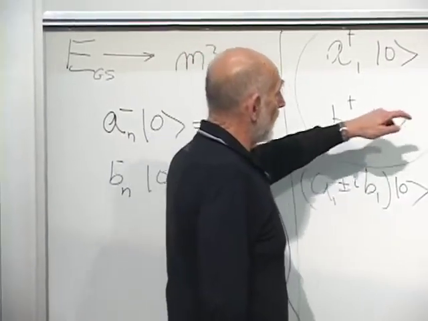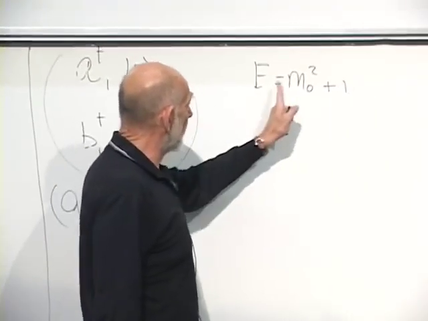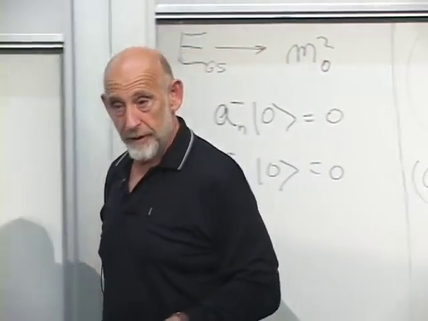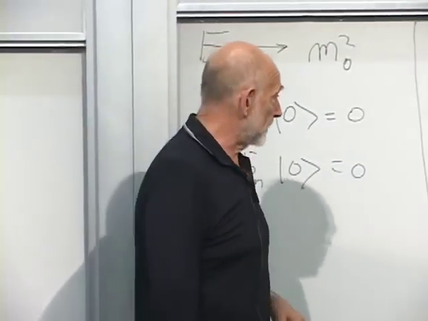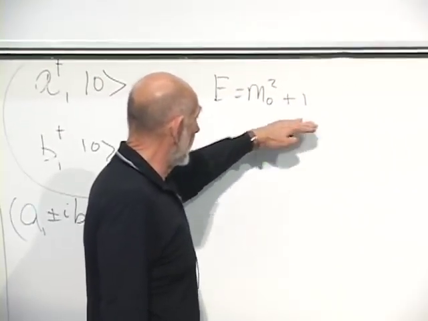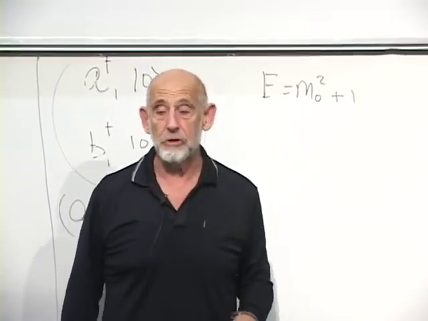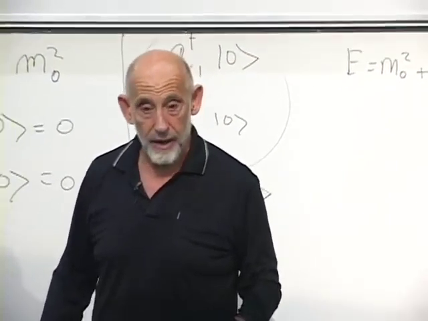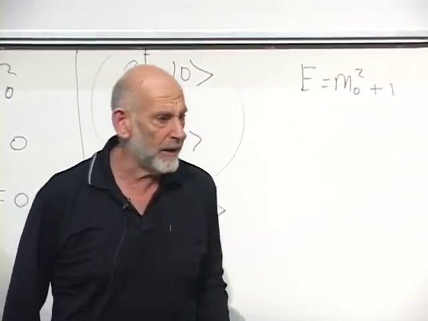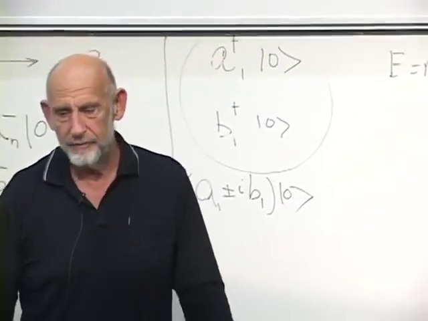Why? Because m0 squared plus 1 has to be 0. The mass of this object, which is not the ground state, it's been excited by one unit, that's this. If it's to make sense as a relativistic object, it has to be massless, and that means m0 squared is negative. Okay, big deal. Who cares if m0 squared is negative?